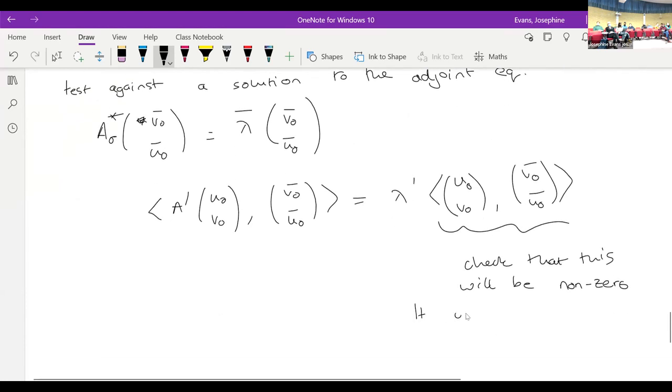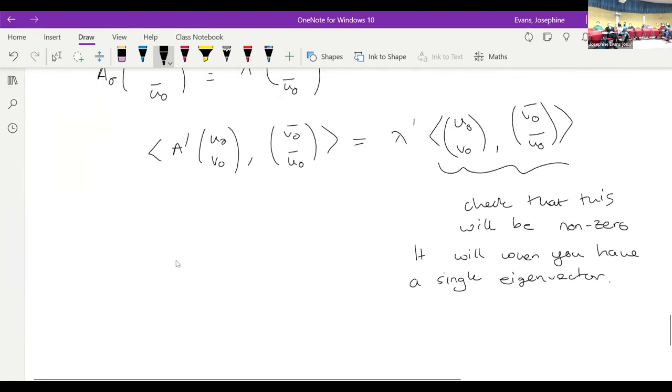It will when you have a simple eigenvalue. That's a bit more fiddly to explain why. So then you can compute exactly what A sigma prime is. It's just, so A sigma prime is equal to eta of x times, of u would be, sorry, I'm making a mess here.